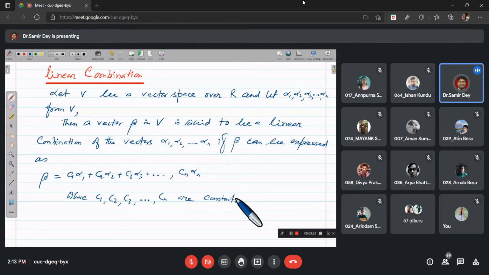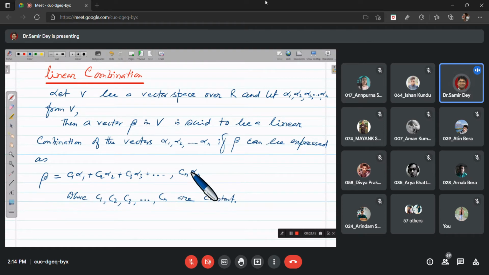So from here it is clear, alpha 1, alpha 2, alpha 3, alpha n are all coming from the V set, and beta is also coming from the V set.